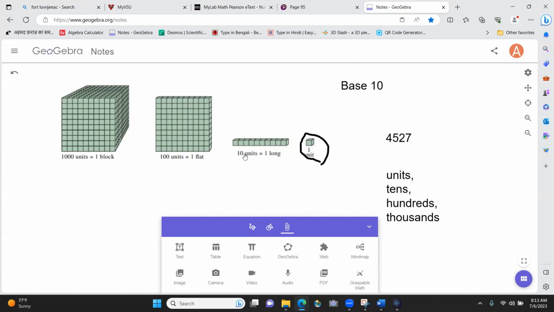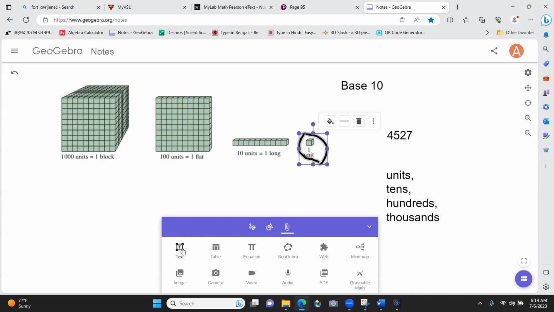Then I take 10 copies of the next one, make the third one, which is 100. Then I take 10 copies of the third one to make the fourth one, which is 1,000. And the next one, you will take 10 copies of 1,000 blocks and stick them all together, and you'll make the next one. So now this number tells me, how many of these do I have?